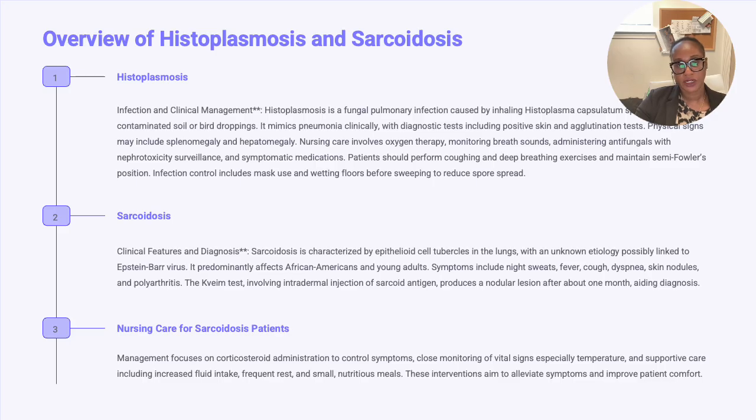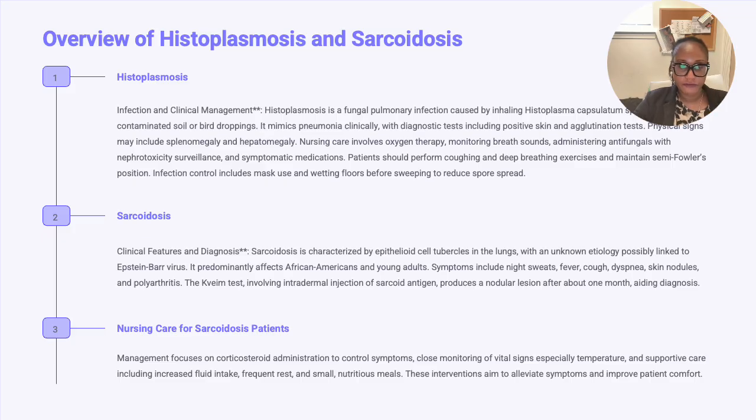And then for sarcoidosis, this is the presence of epithelioid cell tubercles in the lungs. The cause is unknown, but a high titer of Epstein-Barr virus may be noted. So incidence is higher in African Americans and young adults.